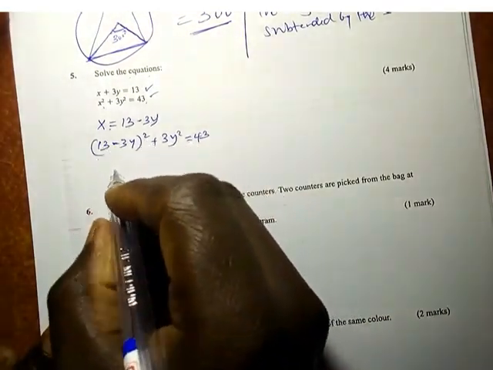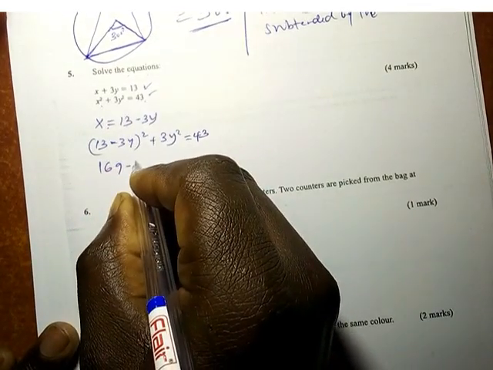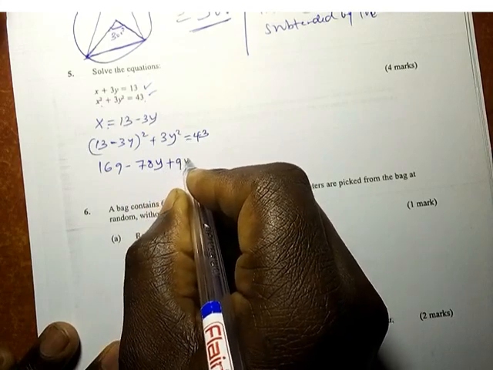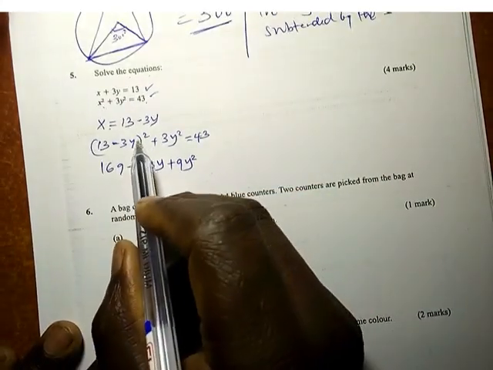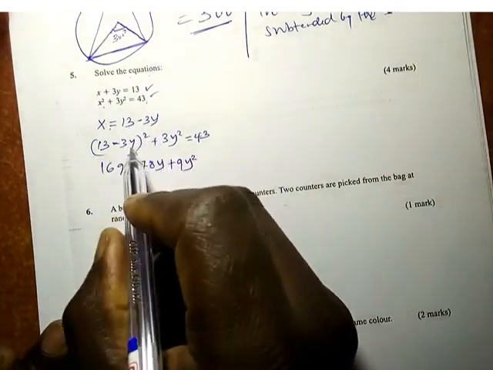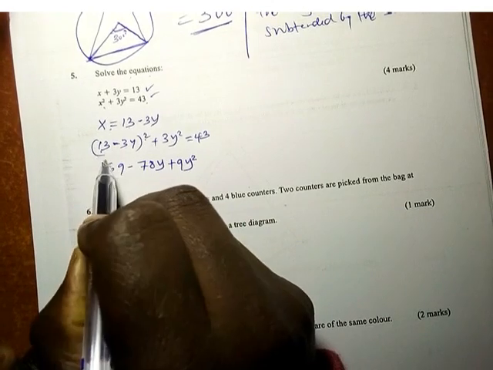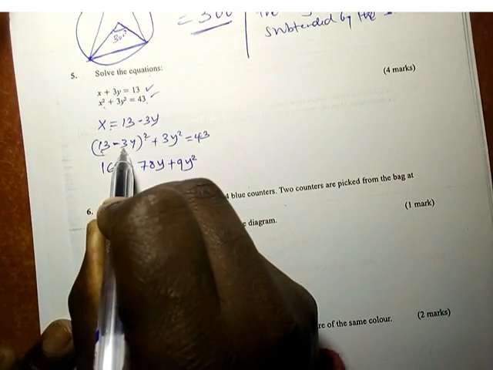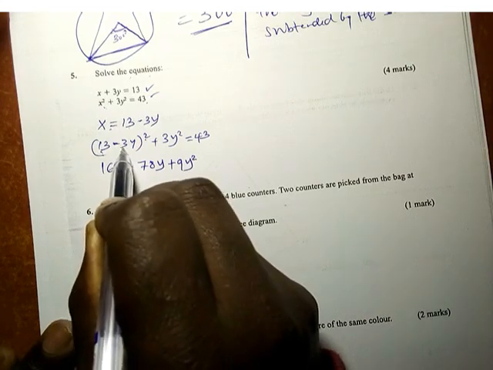So we open this one, it is going to be 169 minus 78y plus 9y square. I hope you know how to open it. If you don't know how to open this one, let me show you. If we want to square this, 13 square is 169. 13 times negative 3 is negative 39.